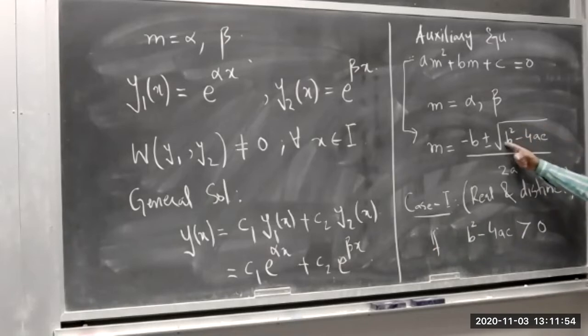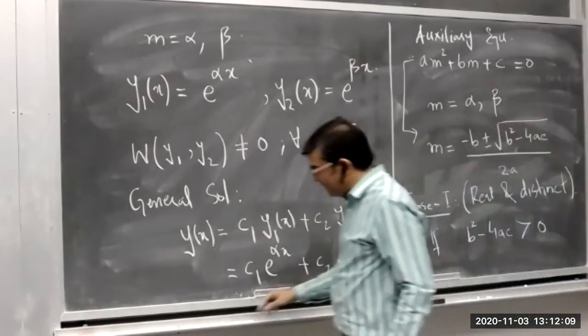If this thing inside the square root, b square minus 4ac, is positive, greater than 0, then we must have two distinct and real roots.